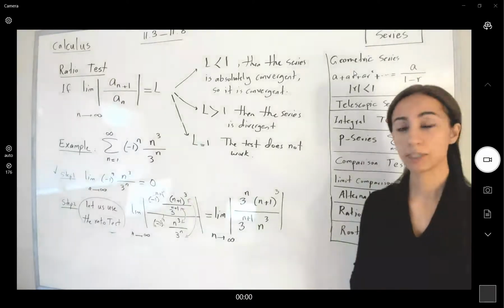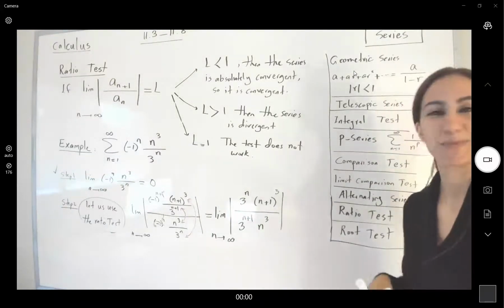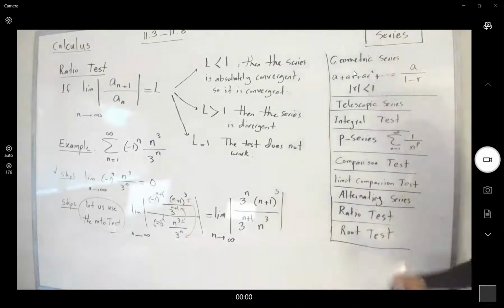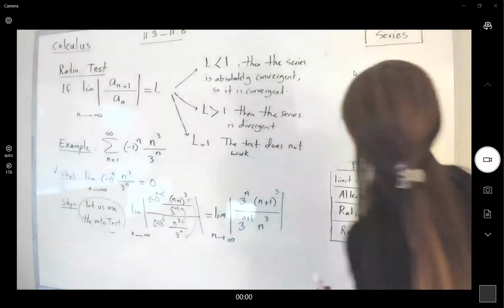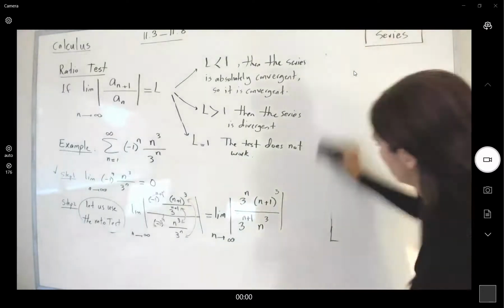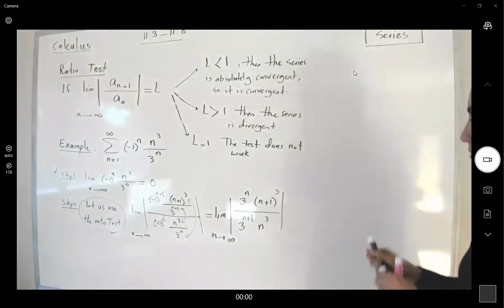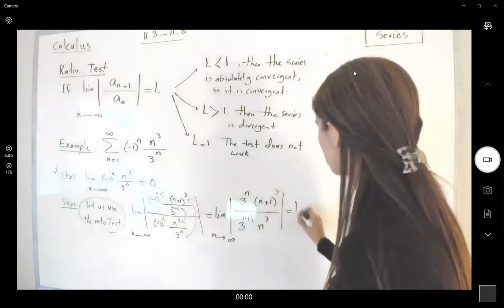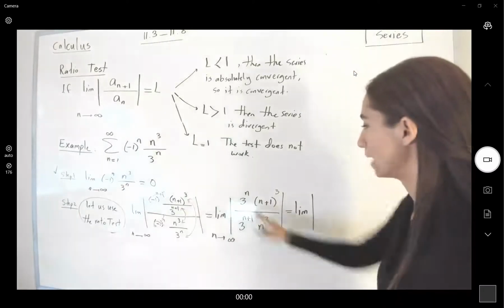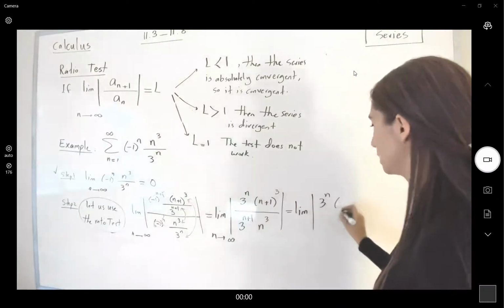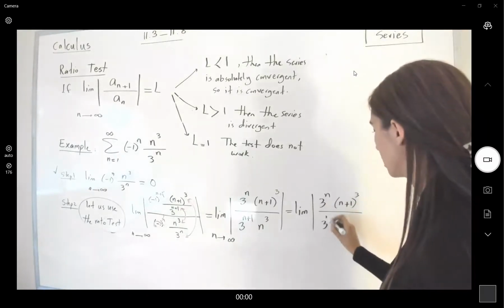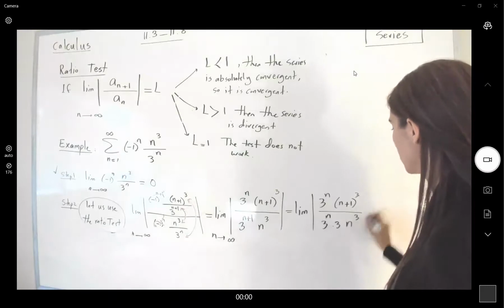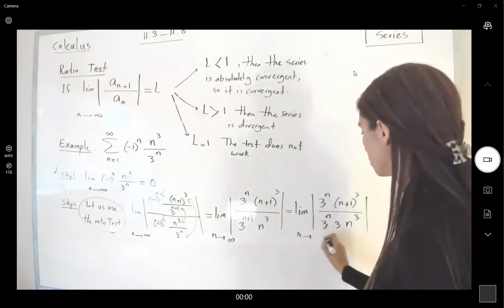Before finding this limit, we can simplify this more. Let me erase this part of the board. We're not using these tests anymore. This is equal to the limit of absolute value of 3 to the n times n plus 1 to the third, divided by 3 to the n times 3 times n to the third, n goes to infinity.